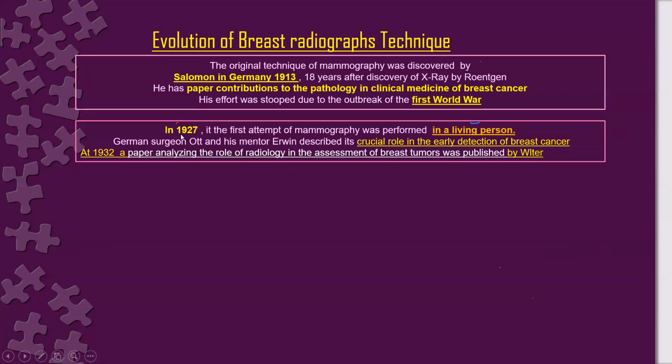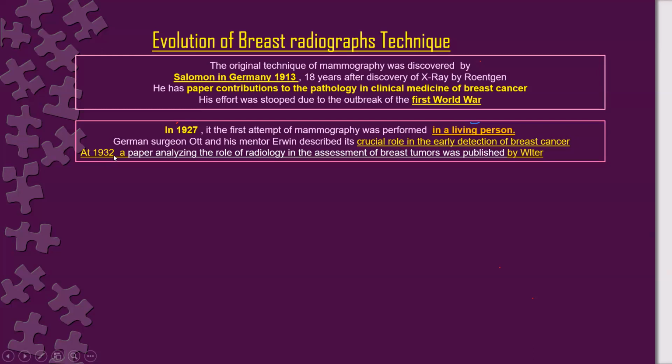And in 1927 was the first attempt of mammography performed in living persons, and the German surgeon Otto Kleinschmidt and his mentor Erwin described its crucial role in early detection of breast cancer. Stress here on early detection of breast cancer.